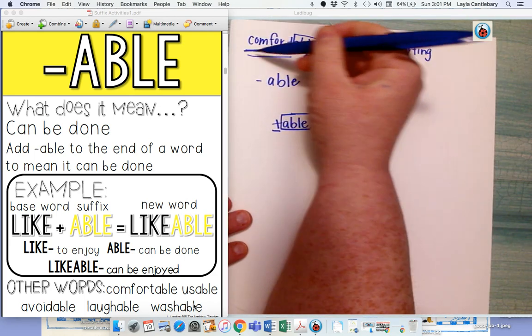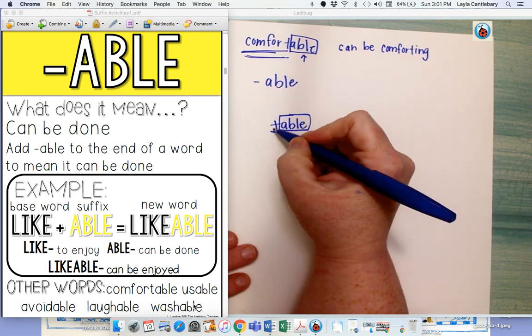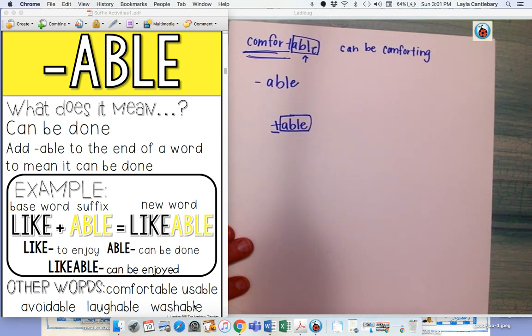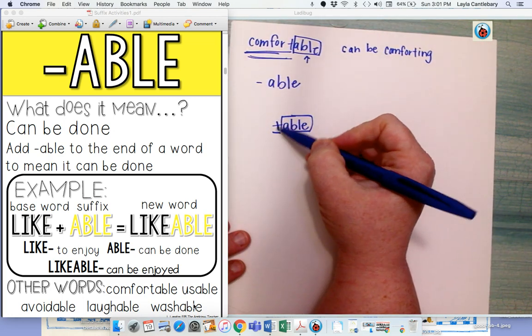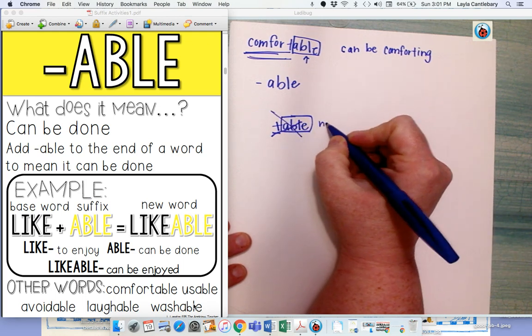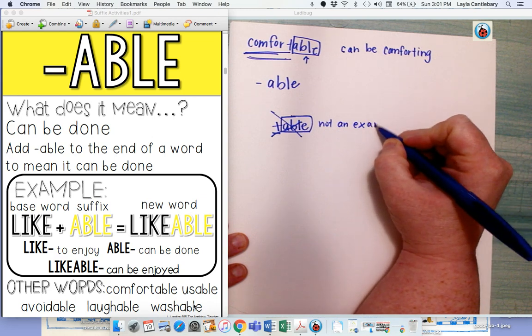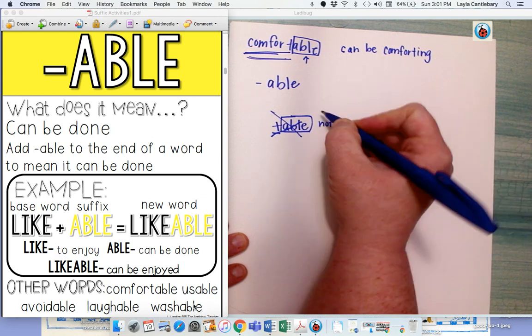The word before your suffix has to be its own word. All right? So I can't use table because T is not a word. It's not changing the meaning of T. It's just making a word. Okay? So this is not an example. So keep that in mind when you are thinking of your words, okay?